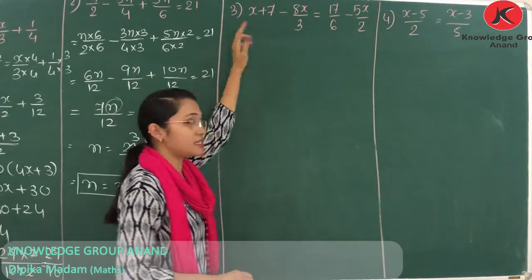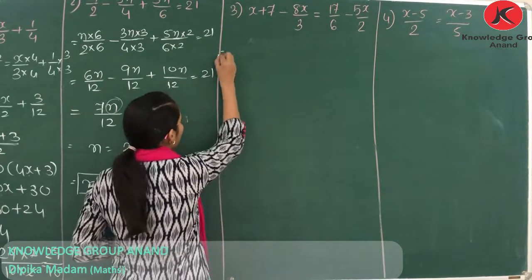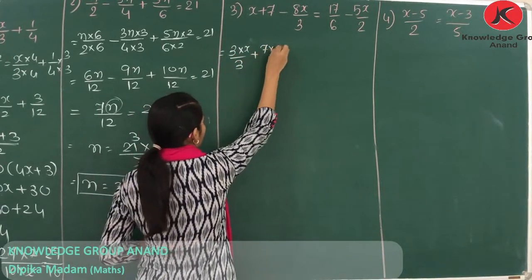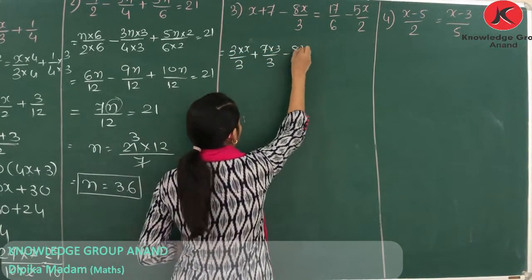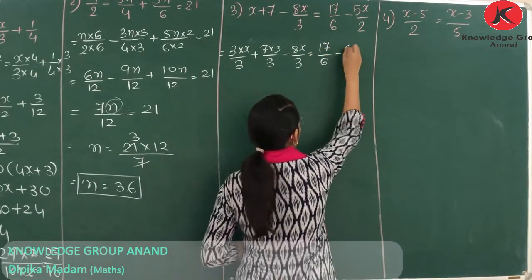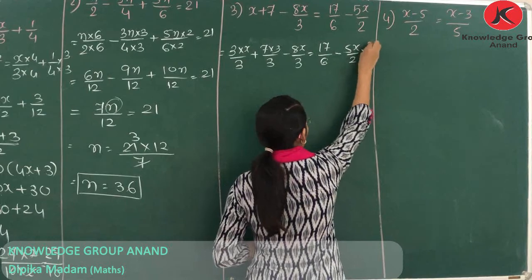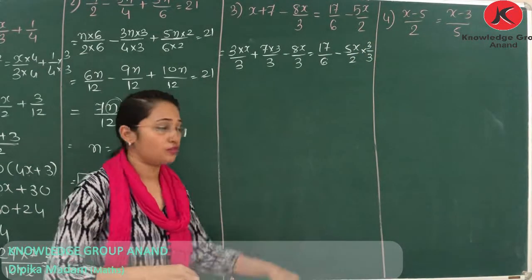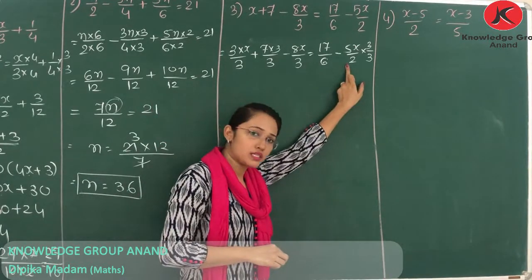So here x is multiplied with 3 in numerator and 3 in denominator. 7 is multiplied with 3. 5x by 2 will be multiplied with 3 by 3 because we need denominator 6 here.